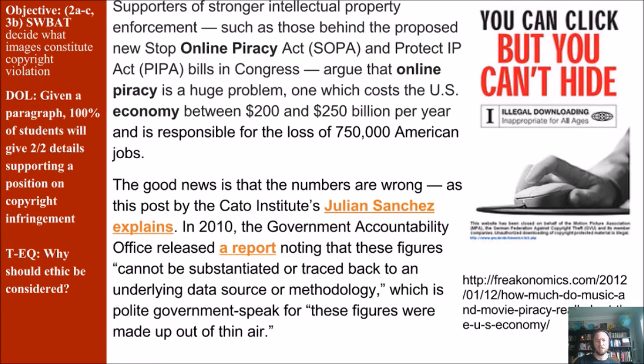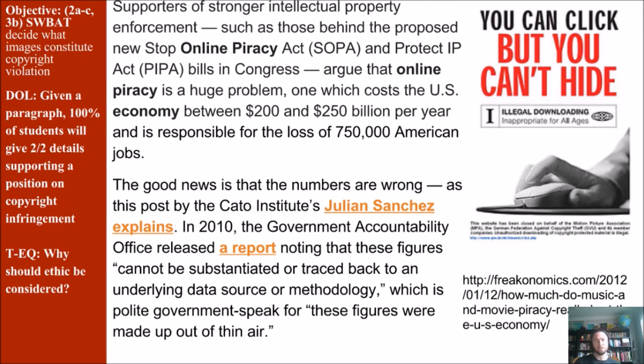The good news is that these numbers are wrong, as this post by the Cato Institute's Julian Sanchez explains. In 2010, the Government Accountability Office released a report noting that these figures cannot be substantiated or traced back to an underlying data source or methodology, which is polite government speak for these figures were completely made up out of thin air. So always be careful when you're looking at numbers, looking at data.